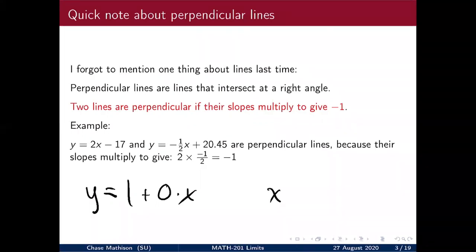It's any line that looks like x equals any old number. So x equals 4, for instance, is perpendicular to y equals 1. Any two lines that look like y equals some constant and x equals some constant have to be perpendicular. That's the only special case to consider.